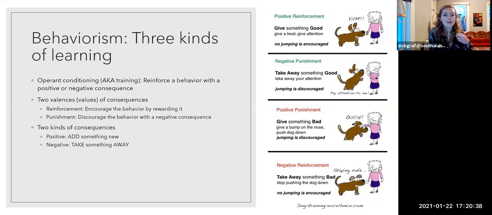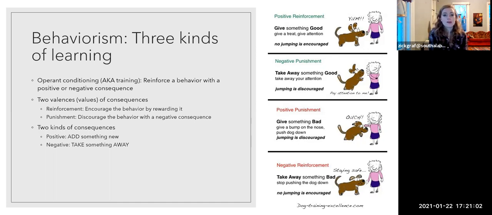You either engage in a positive punishment where you add something new that is aversive because it's punishment, or you punish the organism by taking away something that's pleasurable. This is also known as a negative punishment. If you want the organism to increase its behavior, you reward the behavior either positively by giving it something that it likes, or negatively by taking away something that it doesn't like.